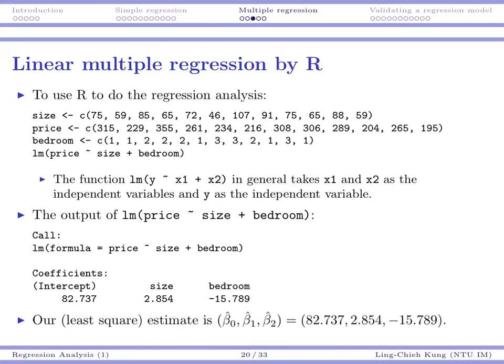Anyway, it's the grammar of R. And once you do this, immediately you see the coefficients. Our estimates for beta 0, beta 1, and beta 2 will be around 82, 2.8, and negative 15.7. That will be our estimation of the three parameters.